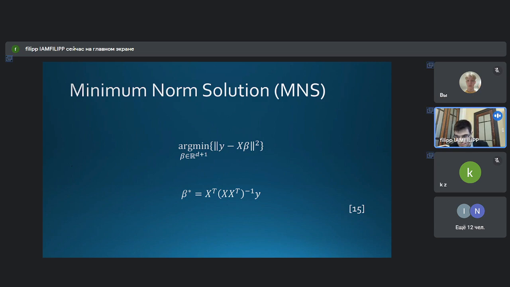In this method, we are trying to minimize that norm, which we have already mentioned. Using several theorems and our knowledge from linear algebra, we can now conclude that this is the solution for our problem. This matrix is also called the pseudo-inverse matrix of X.